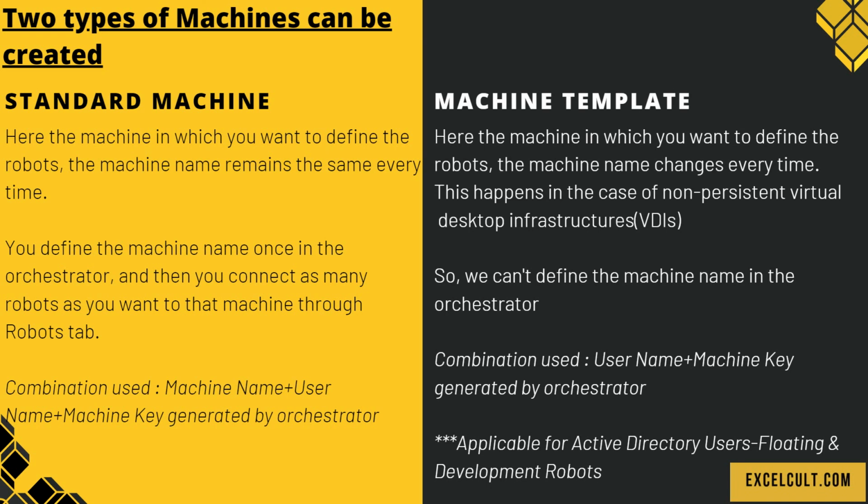For standard machine, it's a combination of machine name, username, and machine key generated by orchestrator. On the right side, it's a combination of username and the machine key generated by the orchestrator. Machine template is applicable only for the Active Directory users, and that can be floating and development robots.